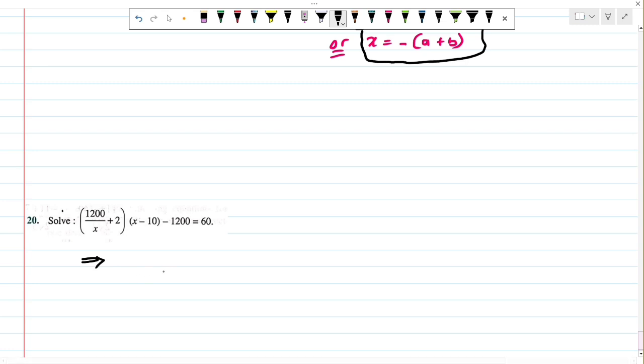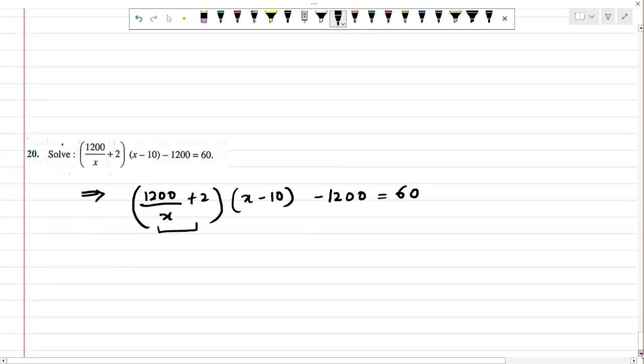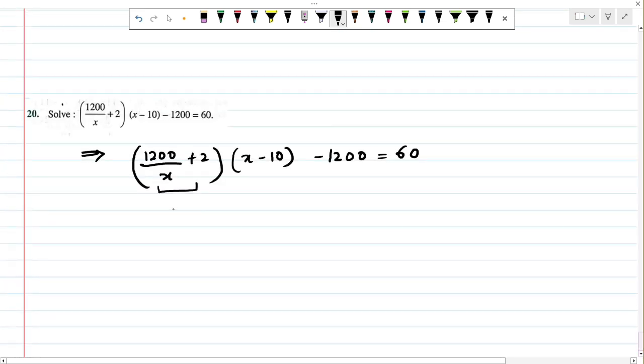Solve. We have to solve this. So I'll write the equation first. Plus 2 bracket of x minus 10 minus 1200, which is equal to 60. So in this first part I'll take the common term as 2.